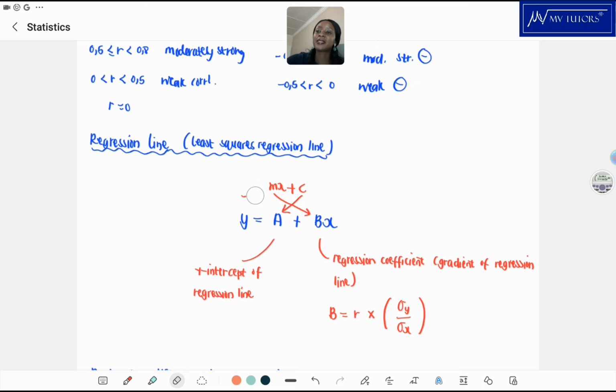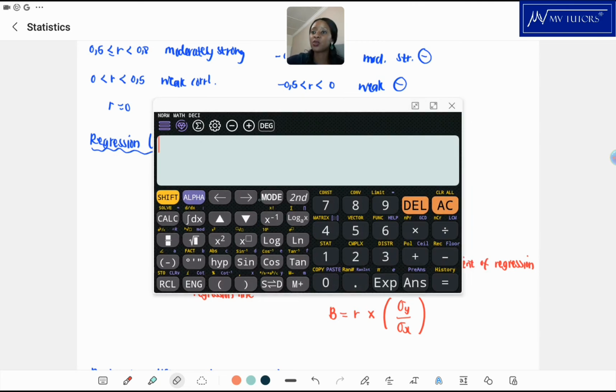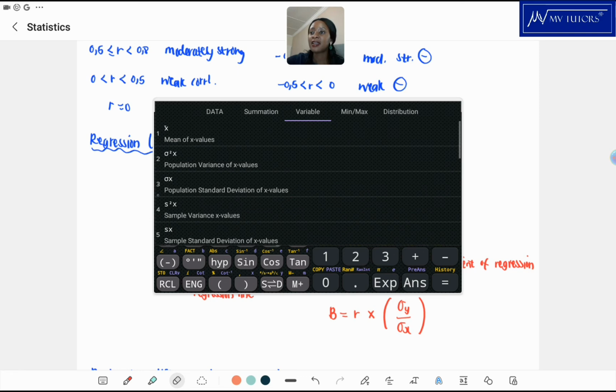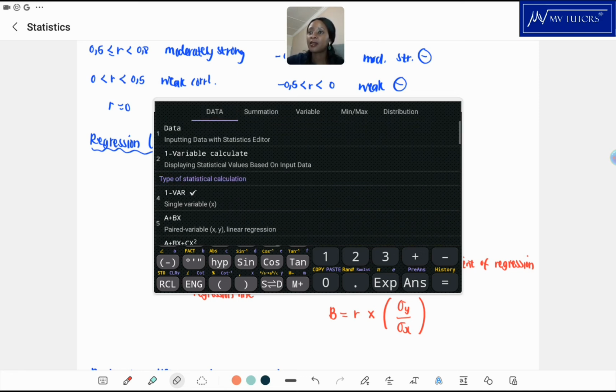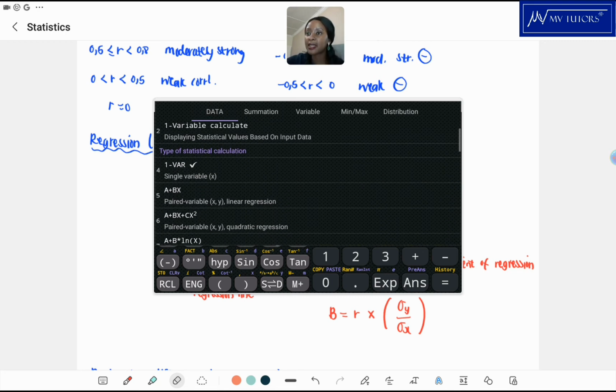Okay, but yes, it's a straight line equation. Y is equal to A plus BX. And that is something that you should also see on your calculator. Let me just show you here. So if we went mode stat, then you would see, okay, we have one variable calculate, and then we have this A plus BX.